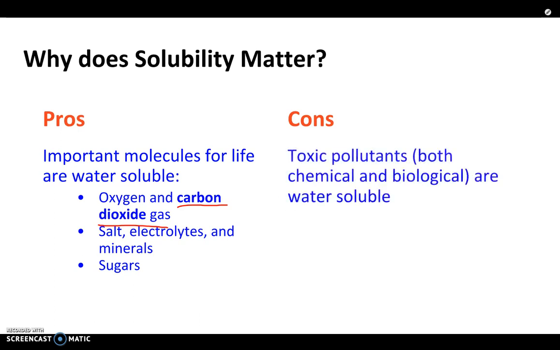Some of the cons to things being very soluble is that toxic pollutants, both chemical and biological, are water soluble. And this causes a lot of problems for ecosystems, and it can cause a lot of problems for people. Heavy metals like lead are very dangerous and very water soluble. So if you have lead in your water, you can get lead poisoning.